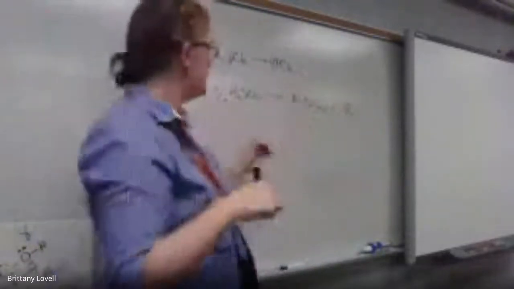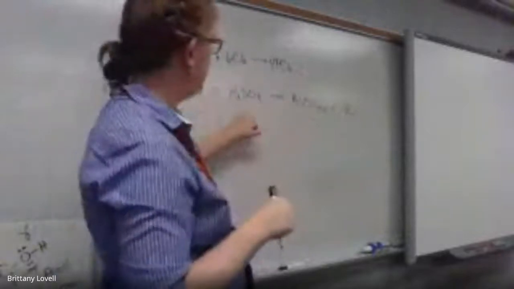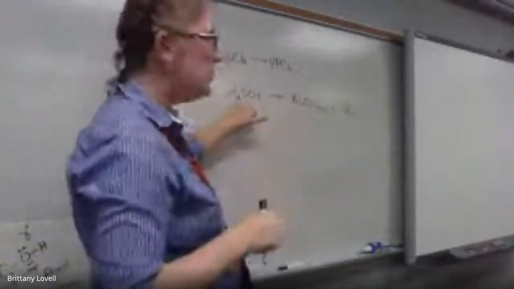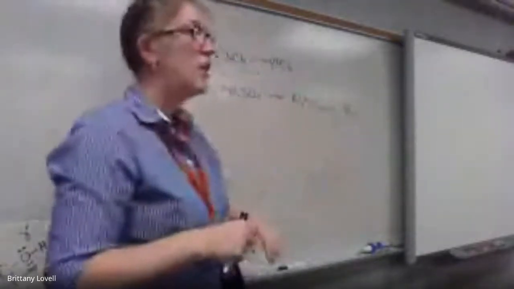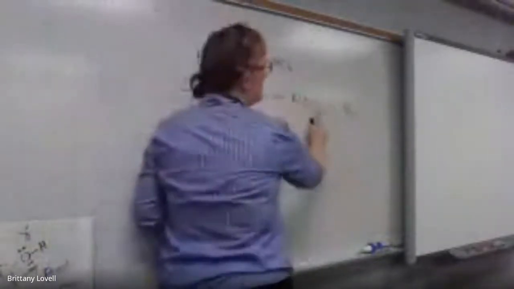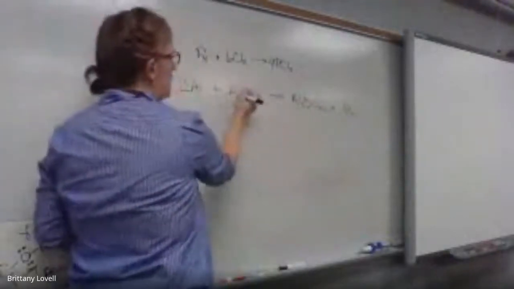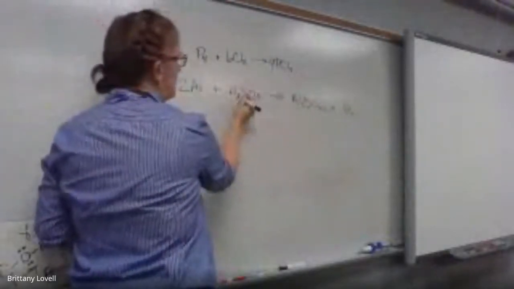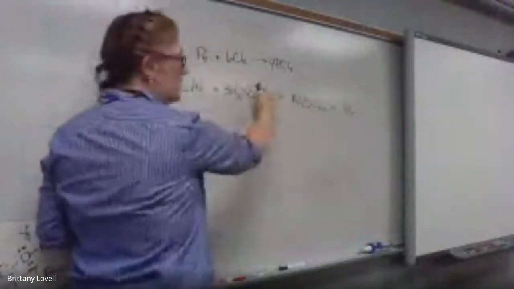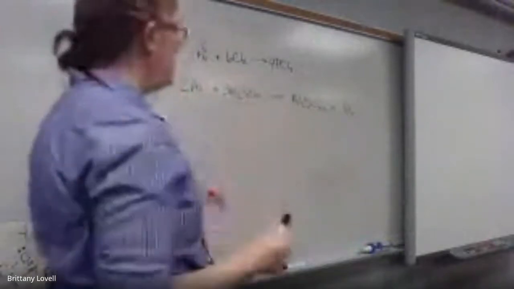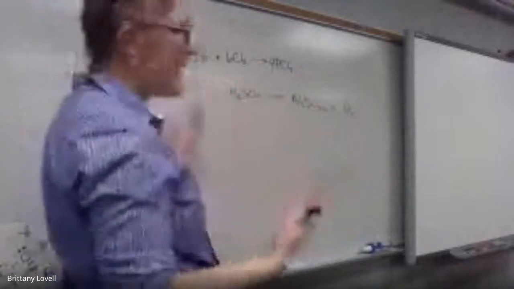So on this side, I have 1 unit of SO4. How many units of SO4 do I have over here? 3. I have 3 groups of SO4. So over here, I'm going to go ahead and put a 3 right there. So I have 3 sets of SO4. And if I do that, then the last thing I have to worry about is my hydrogen, right?